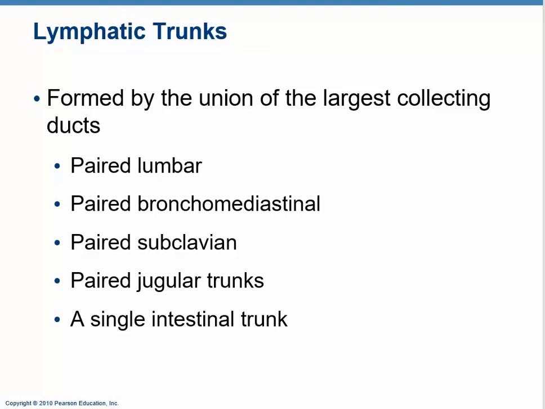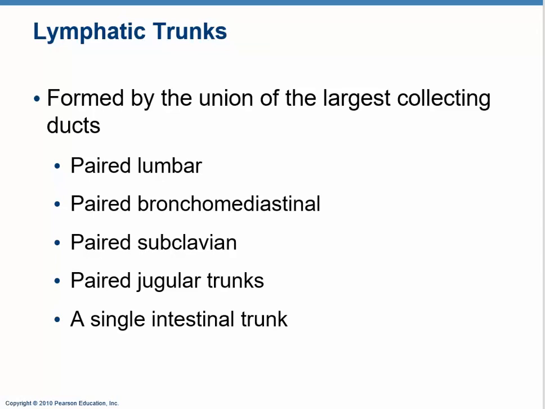So these are kind of the largest collecting vessels. There's two of them in the lumbar region called the lumbar. There's two kind of in the chest around the lungs, left and right bronchiomediastinal. There's two that are right under your clavicle, so right in your shoulder region, called the subclavian.